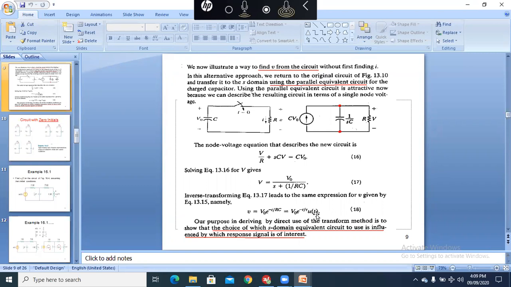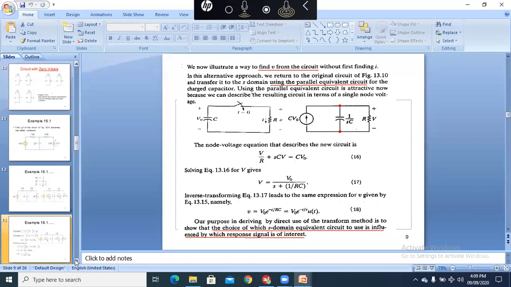Only the positive part from 0 to t will be considered. Here we have considered the initial voltage V naught across the capacitor.